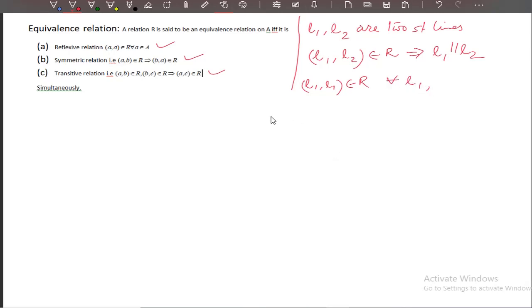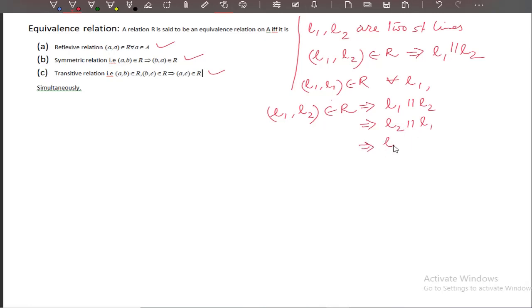If L1 and L2 are related, it means L1 is parallel to L2. So we can write L2 is parallel to L1 as well.